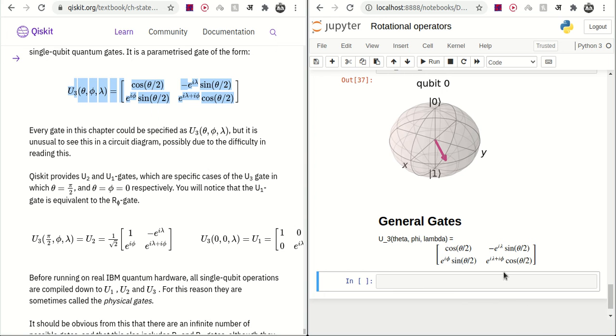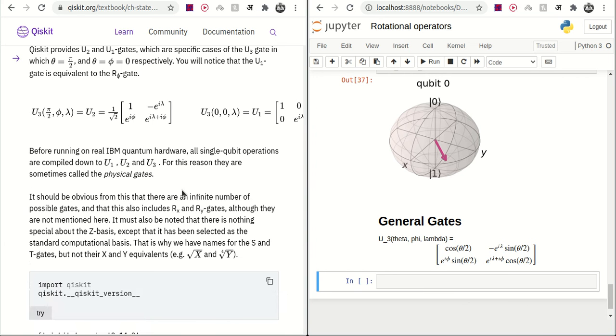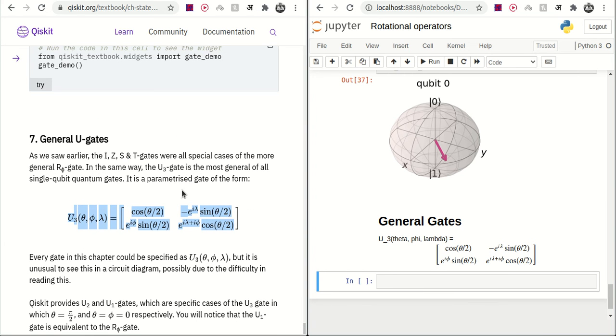Now we will study some theory. I, Z, S, T gates were special cases of the general R phi gate. In the same way, the U3 gate is the most general of all single-qubit quantum gates. This is the parent gate. If we replace theta, phi and lambda with different values, we can derive every other gate.